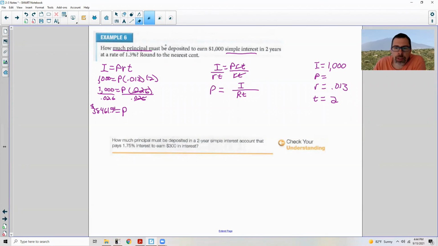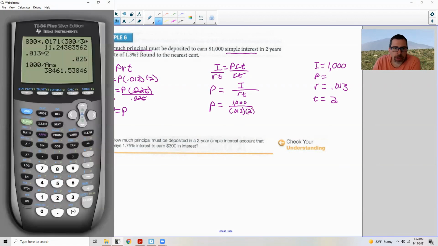Let me fix this a little bit. All right, so it's P equals I divided by RT. That's not a capital R, my fault. This is an R. Then we just substitute in, and that would be P equals 1,000 divided by 0.013 and 2.